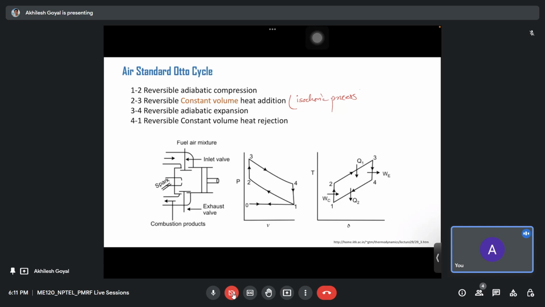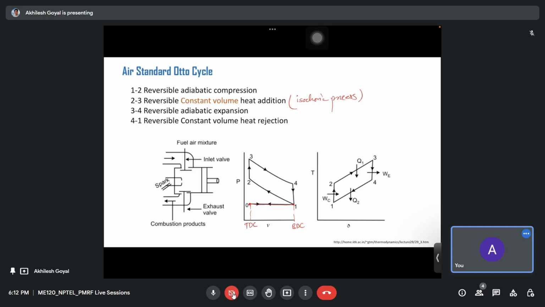All these processes can be seen on this PV diagram. The first one is the intake stroke. When the intake stroke starts, the piston is at top dead center, TDC, which is point 0 here, and this is BDC. When the piston moves down from TDC at point 0 at constant pressure, the air or air fuel mixture is taken into the cylinder.